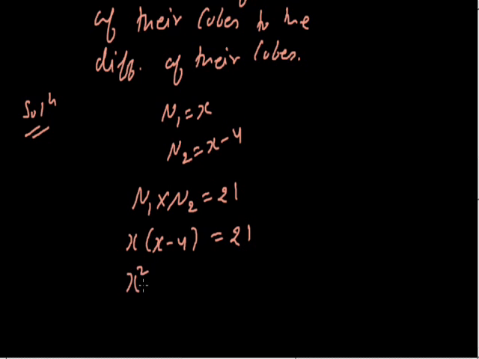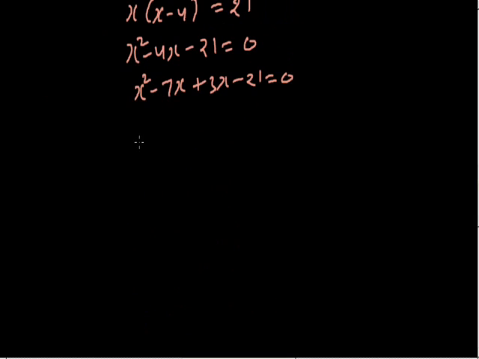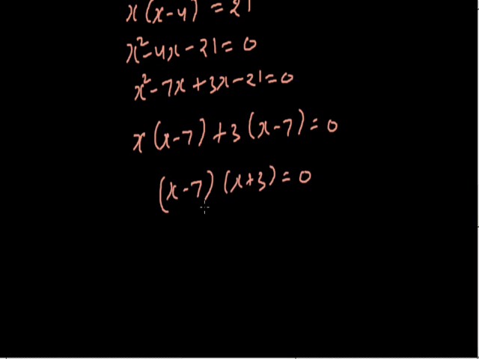So x squared minus 4x minus 21 equals 0. The factors of 21 are 7 and 3, so x squared minus 7x plus 3x minus 21. We take x common from the first two terms, giving x(x minus 7), and 3 common from the last two, giving 3(x minus 7). Taking (x minus 7) common, the product of these two terms equals 0 when x is 7 or x is minus 3.